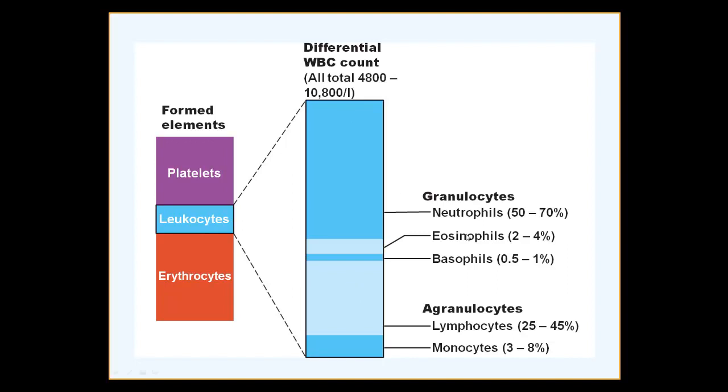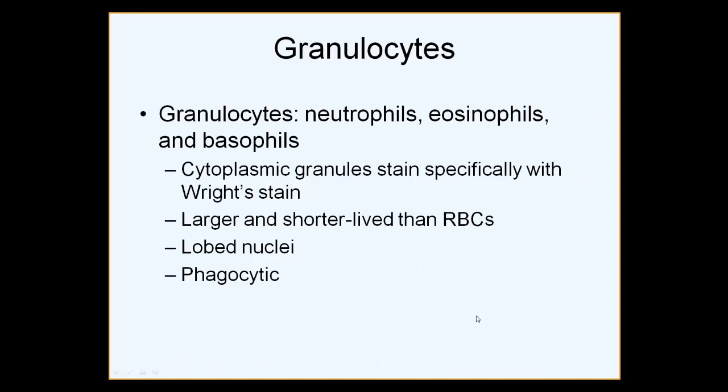You can classify them based on their shape, whether the cells have granules inside them under the microscope. These will be your granulocytes, and agranulocytes are the cells that lack this granular formation. Granulocytes will be your neutrophils, eosinophils, and basophils. We did talk about them when we covered the immune system.